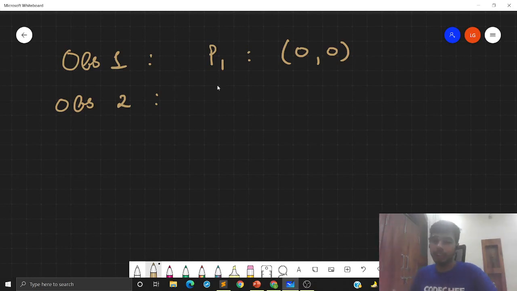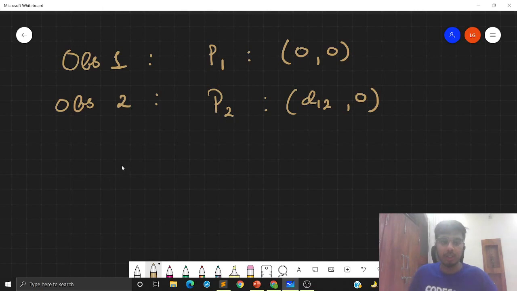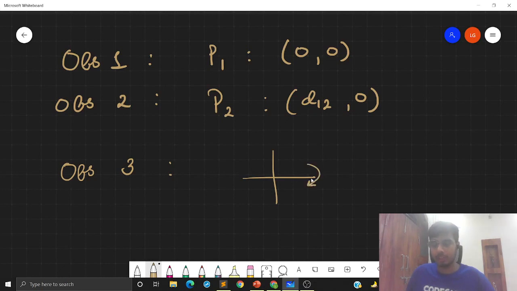Using this fact, we can rotate our axis to make our point 2 on the x-axis. The third observation was that we can take the reflection of all the points along the x-axis and this will not change the possible answer. And that is why we can uniquely get the third point.